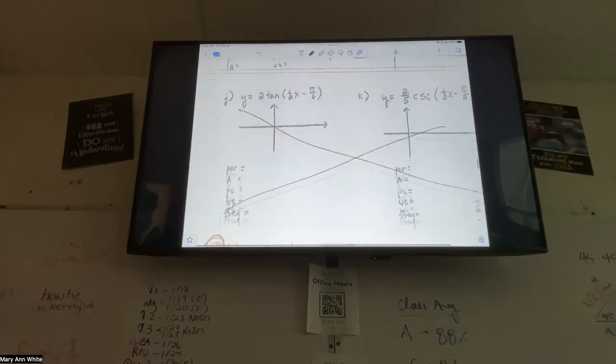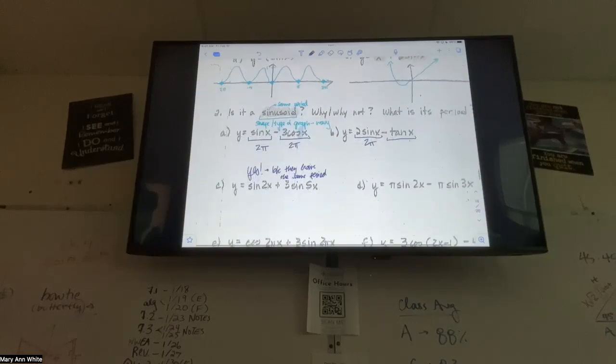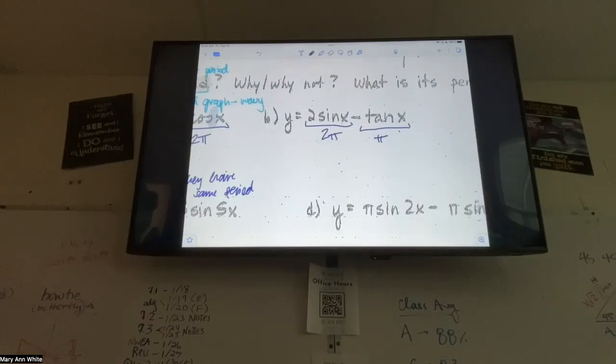Pi. Period for tan is pi. Would these two be sinusoid? No, because they have different periods. Good. I just did a yes and a no example, so I want you to see why it is yes, why it is no.